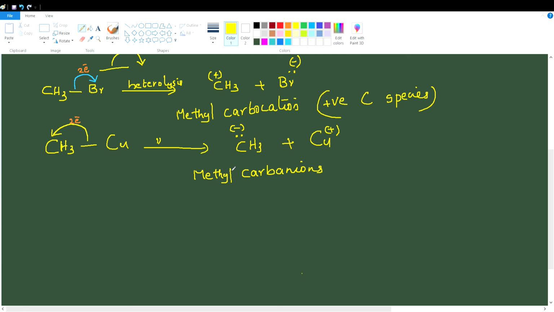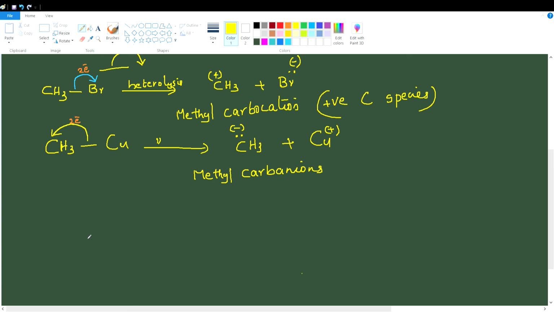So heterolytic cleavage results in the formation of either a carbocation or a carbanion. Anyway, we get charged species or ionic species as the products of heterolytic cleavage.